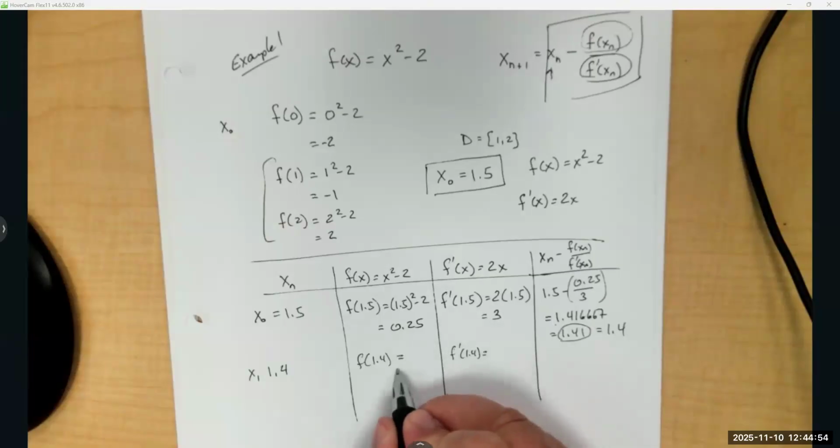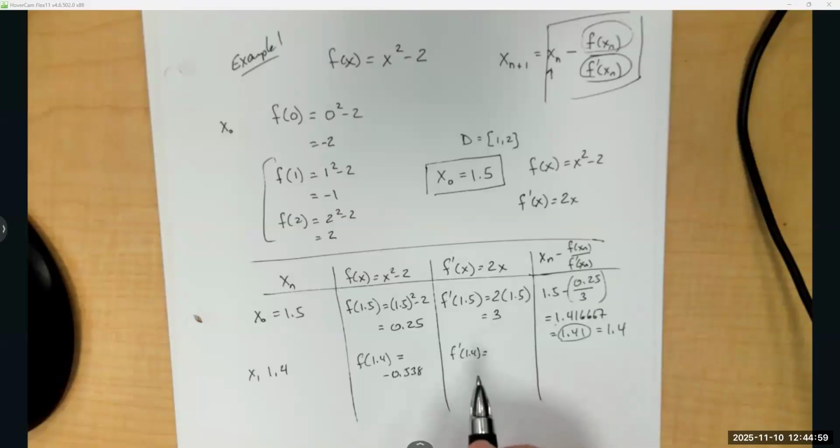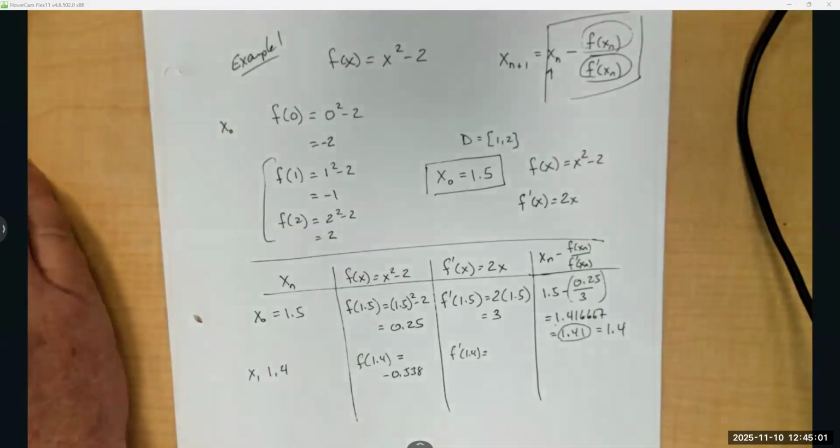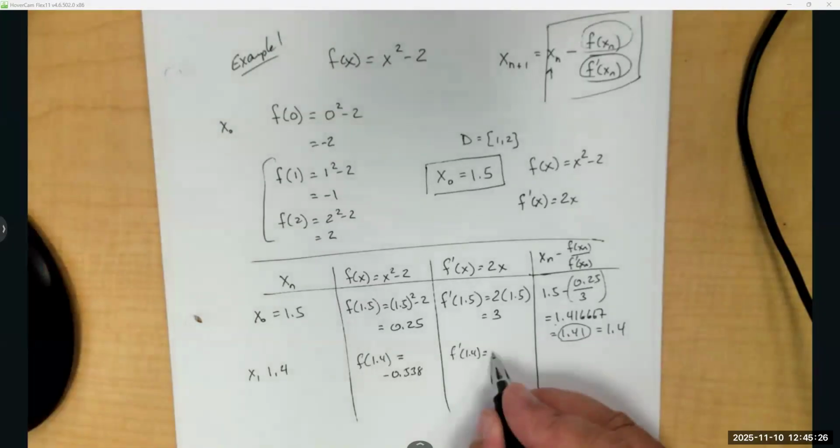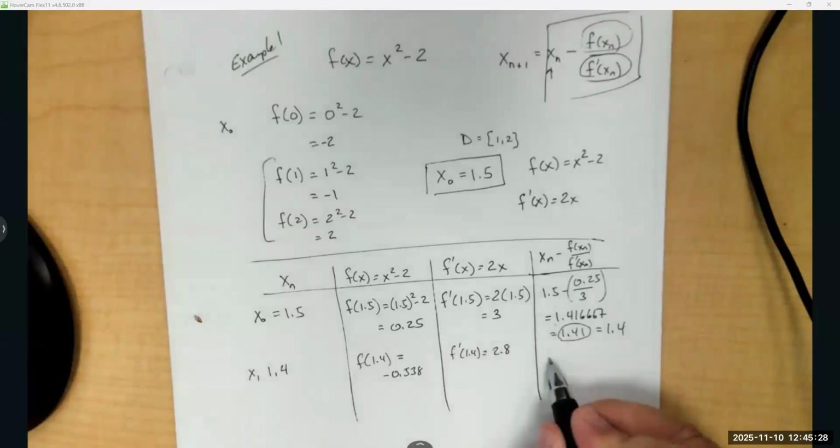So that becomes negative 0.04. Then the first derivative, 2 times that is 2.8.